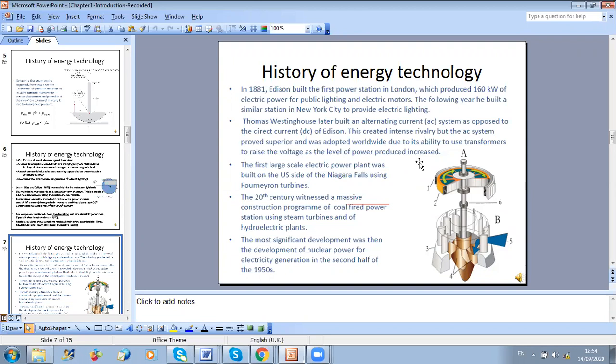The 20th century witnessed a massive construction program of coal-fired power stations using steam turbines and hydroelectric plants. The most significant development was then the development of nuclear power for electricity generation in the second half of 1950. So in all of these techniques, we are using several systems, and the main purpose is to convert a form of energy into electrical energy.